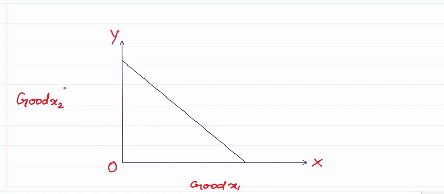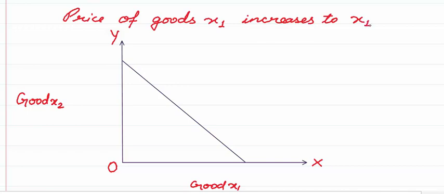Suppose the price of goods X1 has increased to X1 bar. In this case, the budget line of the consumer will be fixed on the y-axis but will shift towards left on the x-axis.